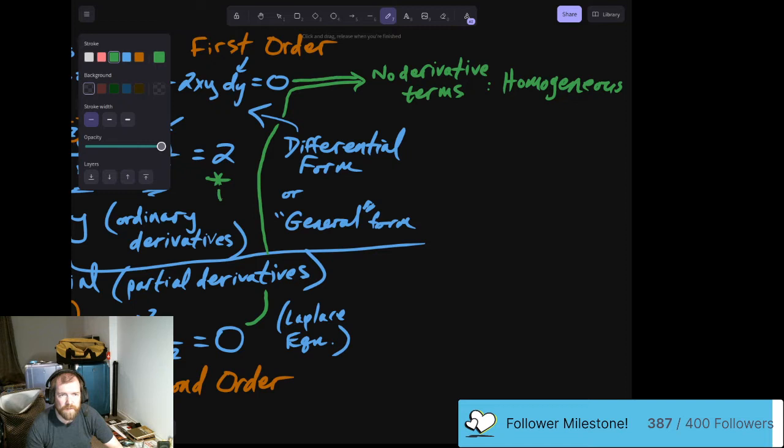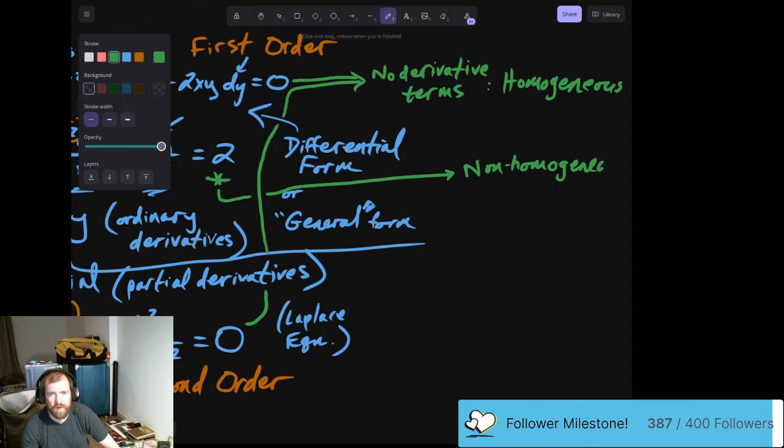And the fact that this is not 0 means that this one is going to be non-homogeneous, or sometimes inhomogeneous.